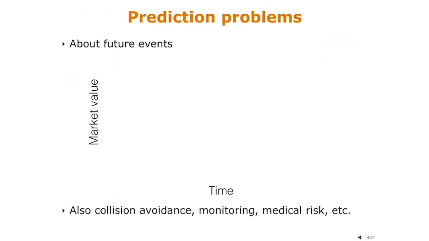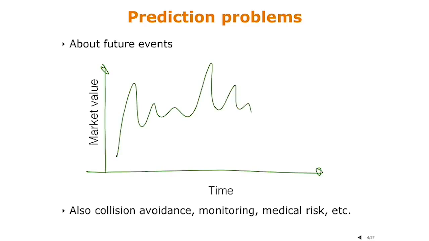You can make predictions about future events. So for example, you may have a market value of a stock measured as a function of time, and you see some historical behavior of that stock, and you wish to predict what happens the next day.